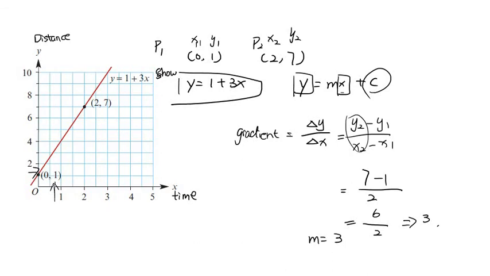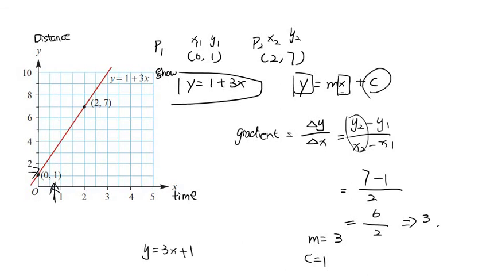So c equals the y-coordinate of the point that is on the y-axis. From reading the graph, we know that c equals 1. Then we can put m equals 3 and c equals 1 into the general equation. We have y equals 3x plus 1.